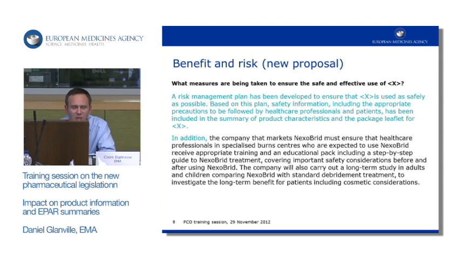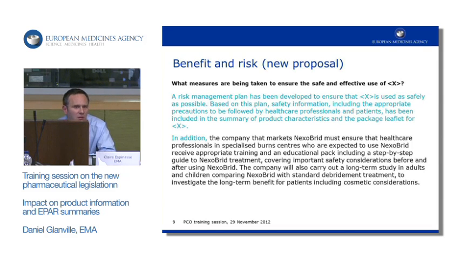It's a proposal at the moment that we're still discussing and maybe can improve, but it's supposed to refer to the routine risk management measures. And then to add a paragraph to that if there are additional risk management measures, which would be drawn from the risk management plan.